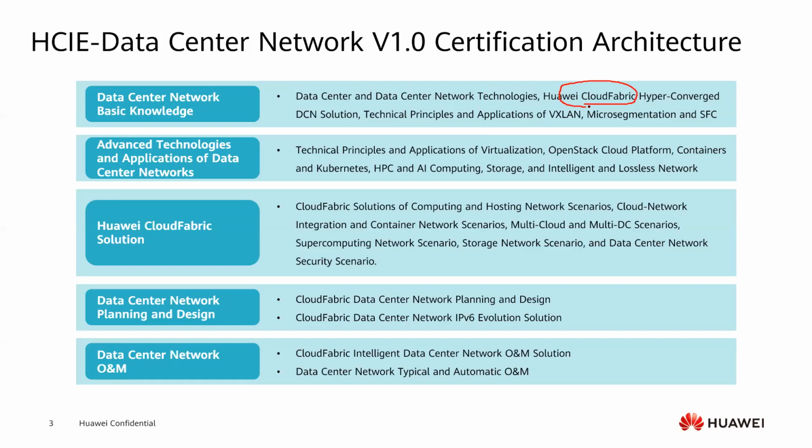This solution is used in DCN scenarios, along with an introduction to VXLAN, EVPN and microsegmentation. Then we will talk about advanced technologies in the DCN scenario, such as virtualization and the OpenStack-based cloud platform for HPC, AI computing, storage, and others.